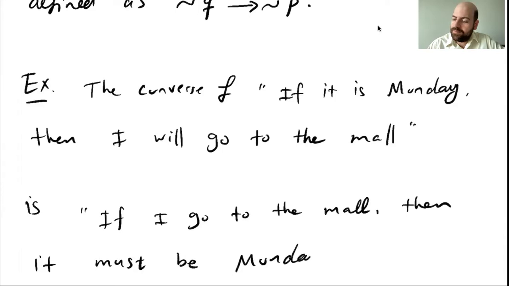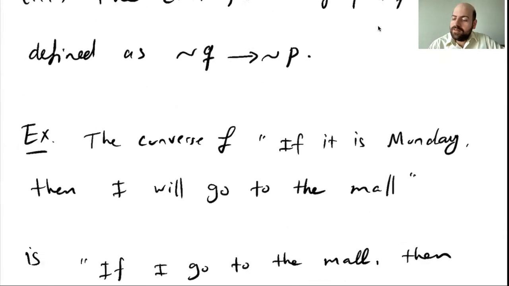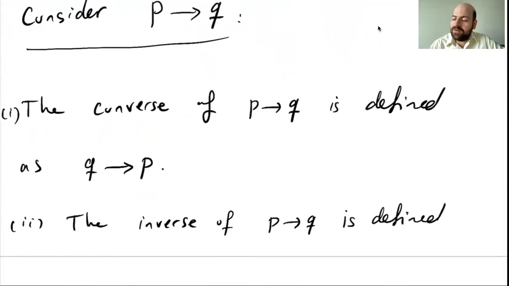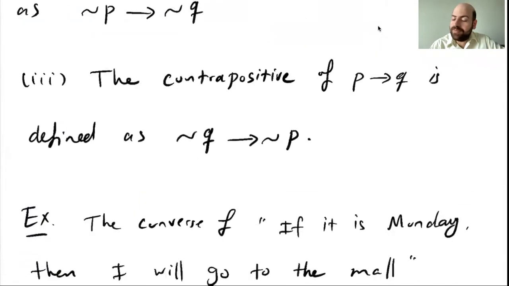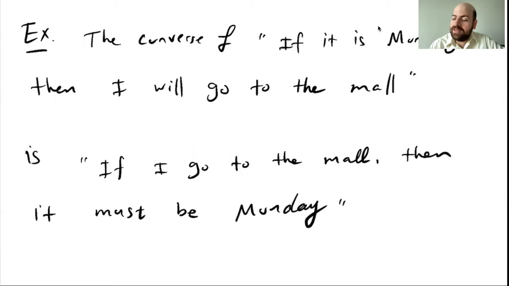Let's look at the definition again. The converse of P implies Q is defined as Q implies P. Here, P is being Monday, Q is going to the mall. Now, the converse is Q implies P, so it will be: if I go to the mall, then it must be Monday.